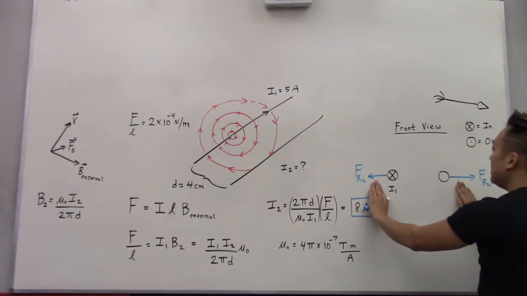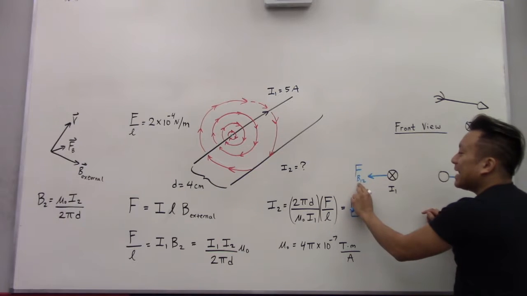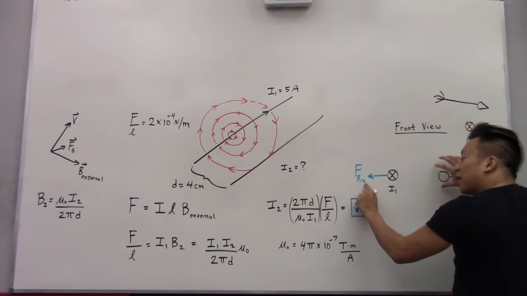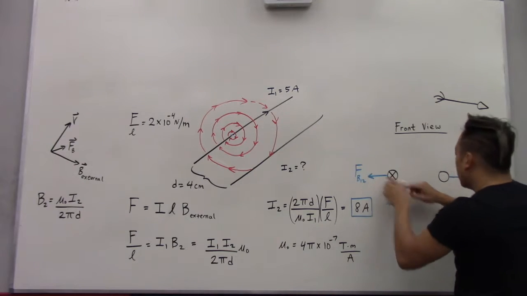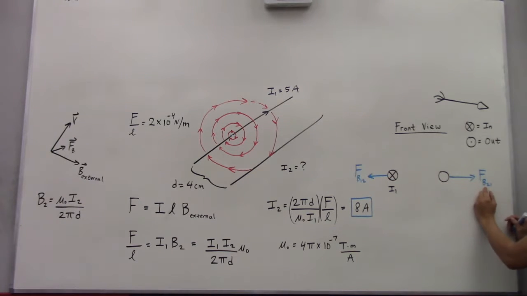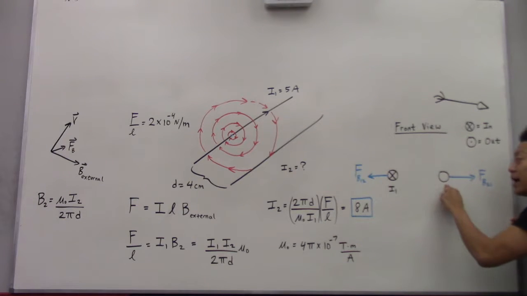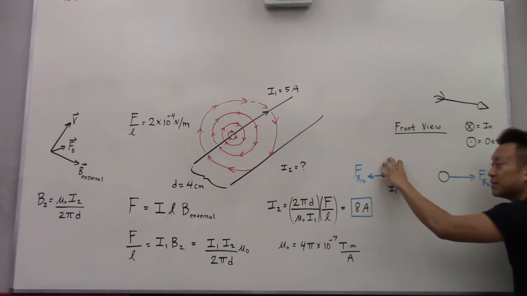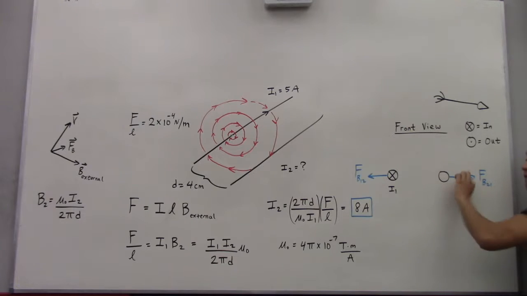We know the force is the magnetic field of wire 2 acting on wire 1, whereas this is the force of the magnetic field generated from this wire acting on wire 2. And that magnetic field is making the charge on the other wire move, and vice versa.